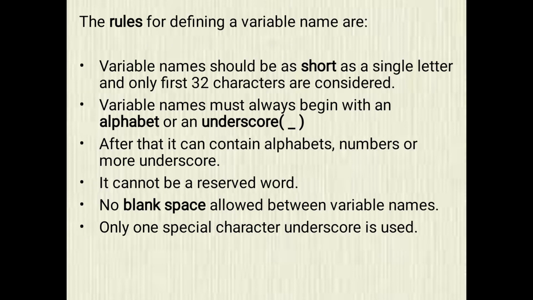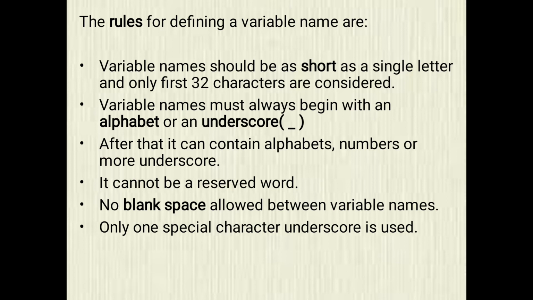So what are the rules for defining a variable name? There are certain rules that must be followed when you declare or use a variable in a C++ program. First, the variable name should be as short as a single letter.